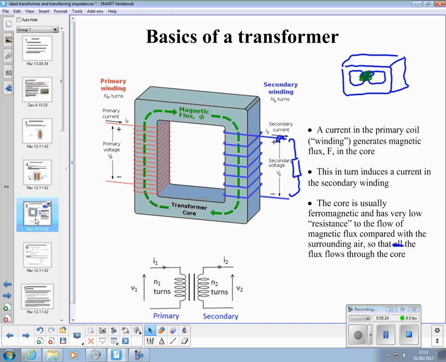You're always going to get a little bit of leakage, as we're going to talk about as we go on. So we'd have primary voltage, primary current, the number of turns on the primary coil, the number of turns on the secondary, current in the secondary, and voltage at the terminals of the secondary coil. Those are the terms we're generally going to be dealing with as we go through our work with transformers.